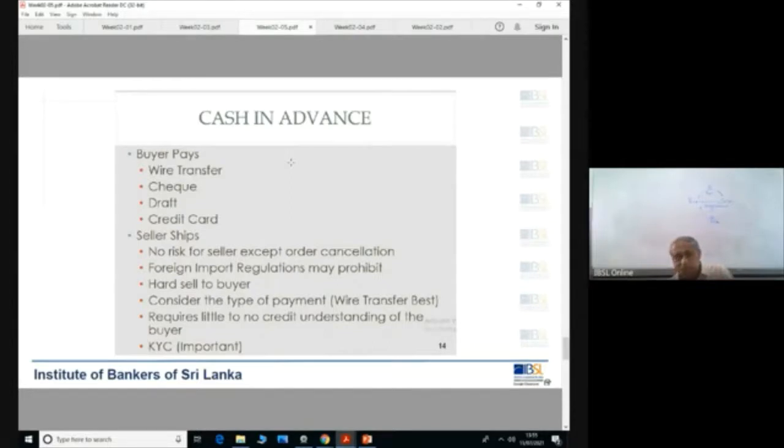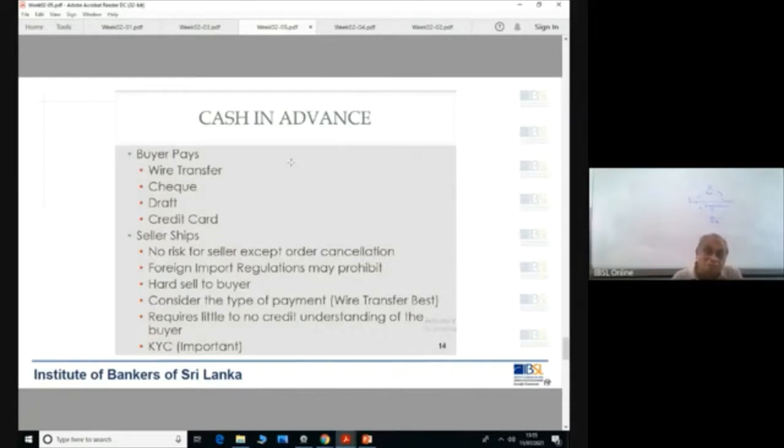Foreign import regulations may prohibit this one, because when we are sending the goods, there shouldn't be any prohibition on importing those goods into the country. It is a hard sell to the buyer, but can't help. The buyer is at the mercy of the seller.